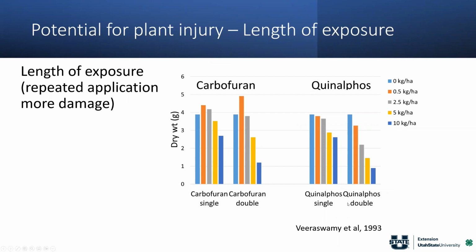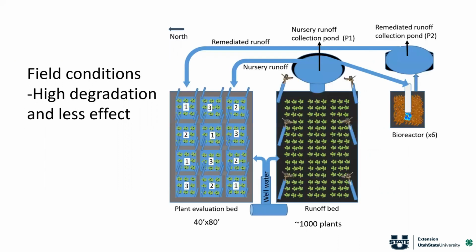So if you are constantly applying, it might produce more damage. If you can alternate recycled water and fresh water, reducing that repetitive exposure might do some benefit. But again, this is only in case those agrochemicals produce damage. It's very unlikely. The chances of producing damage are minimal though.